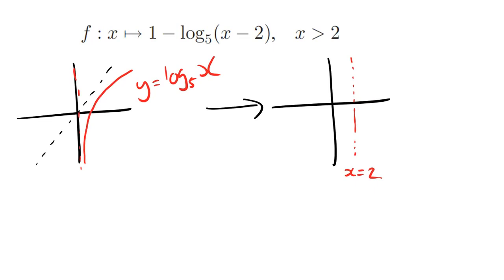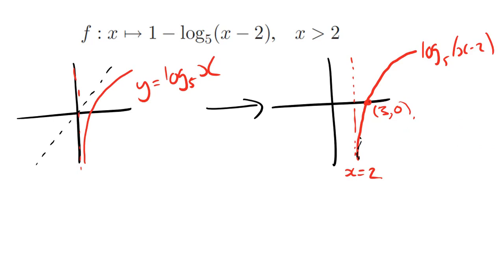So if I wanted to draw, let me use the same colors, our function is going to look like this. This is log base 5 of x minus 2. Perhaps we could mark that point because we do know it at this stage. That's going to be 3, 0.